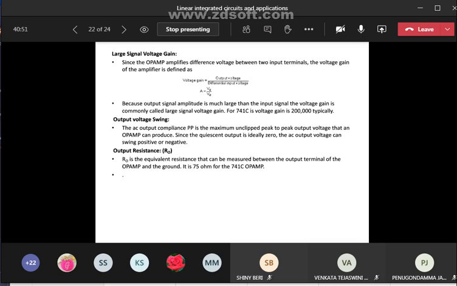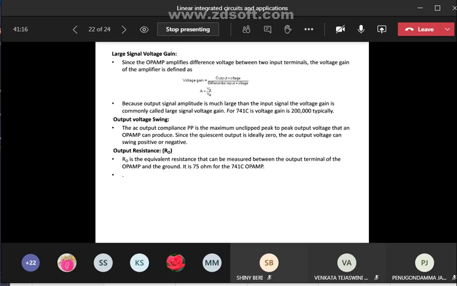Next, output voltage swing. Here the output voltage changes between plus VCC and minus VEE, that is, plus VSAT to minus VSAT.